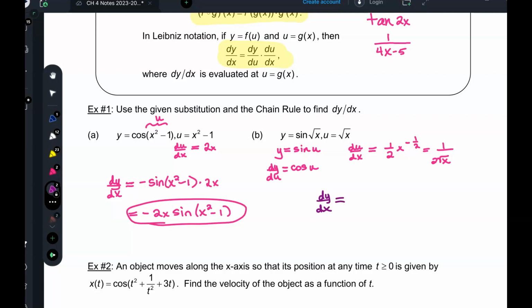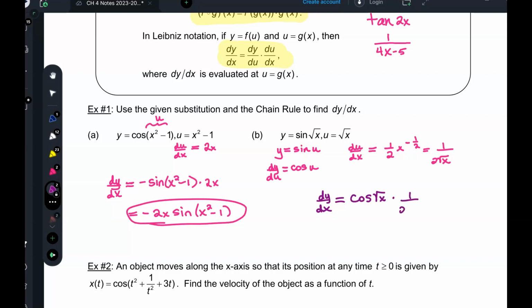So if I say dy dx, what was dy du? Cosine of u, right? But what's u equal to? Root x. So I'm going to just write cosine root x times, so that takes care of dy du. Times, what's du dx? 1 over 2 root x.